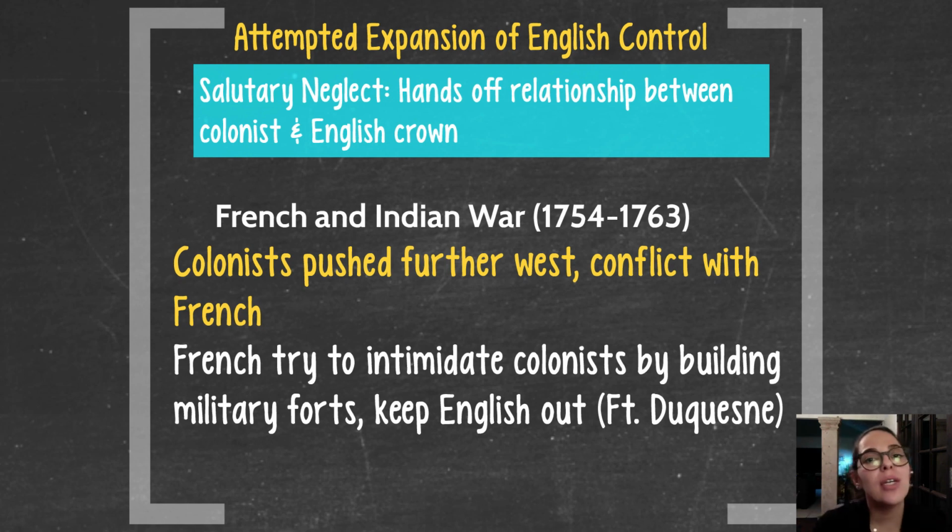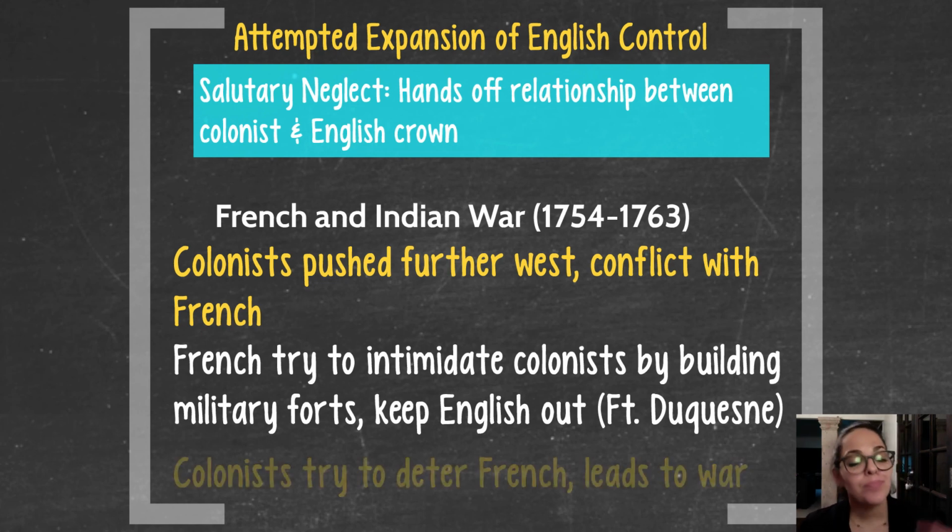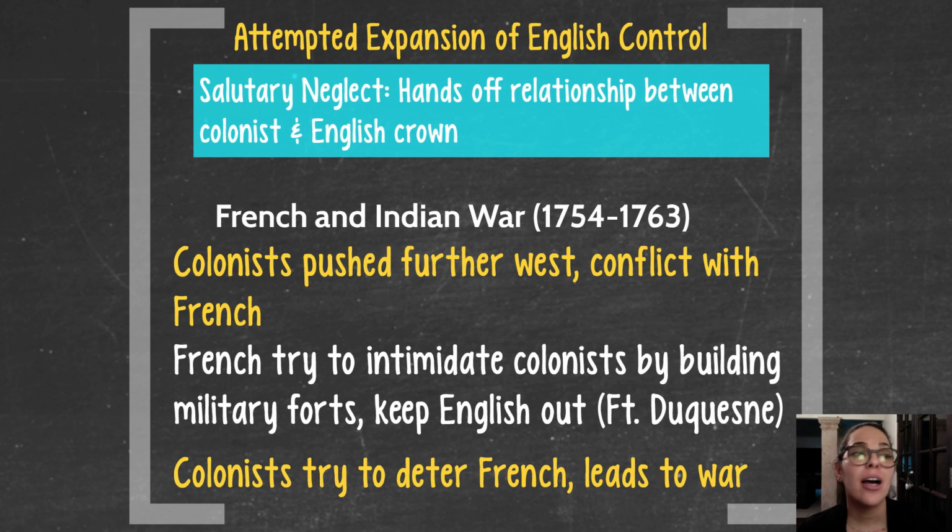But the French try to intimidate the colonists by building these military forts, like Fort Duquesne, for example, to be able to keep the English out. But it doesn't work. The colonists are going to continue to press on. George Washington is going to try to lead some men into Fort Duquesne, and it's a disaster.